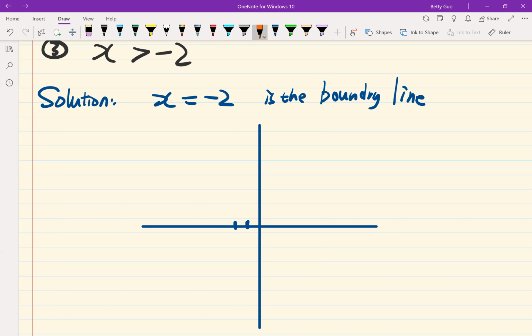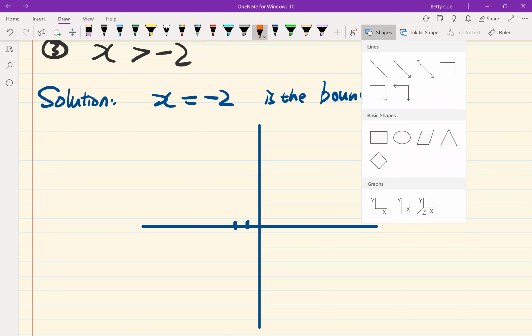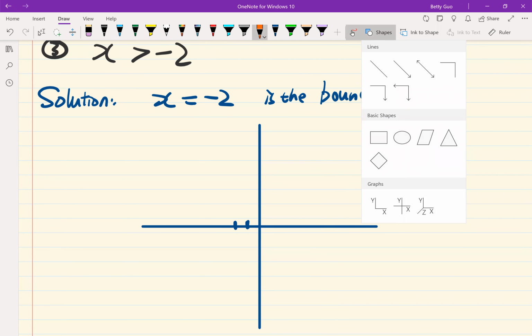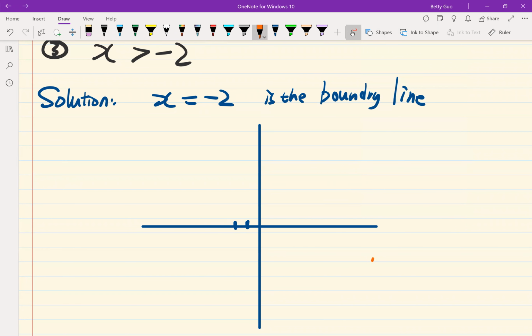Hold on, should we graph the vertical boundary line solid or dashed? Dashed, right? Exactly. We need to graph it as dashed.